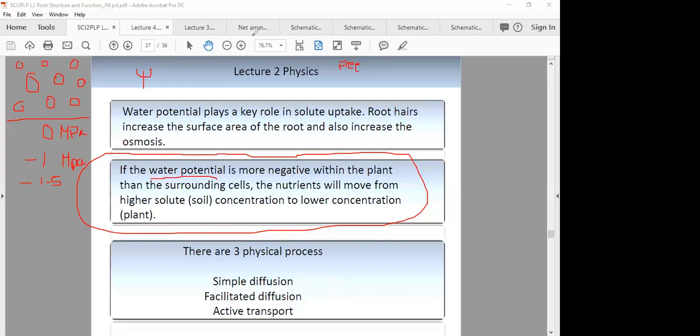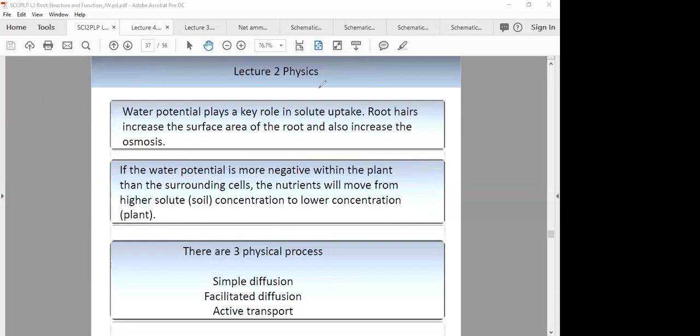Let's look at the statement. I want you to read that statement. If the water potential is more negative within the plant than the surrounding, I think that should be the soil, not cells, the nutrients will move from high solute concentration to low concentration in the plant.